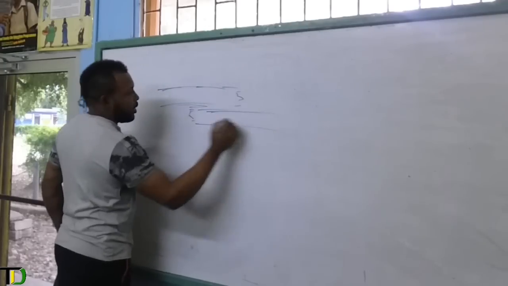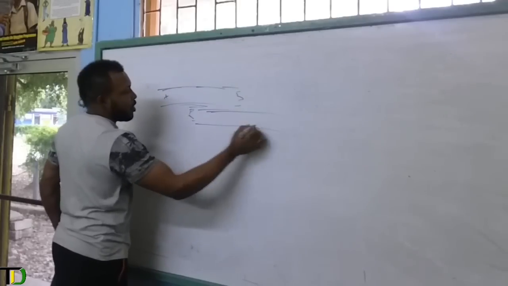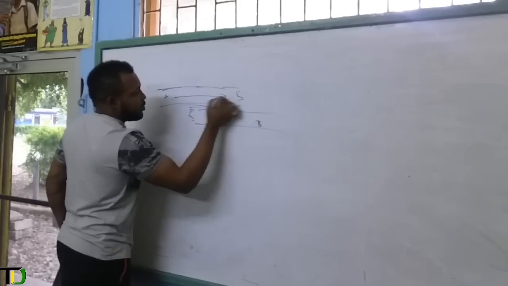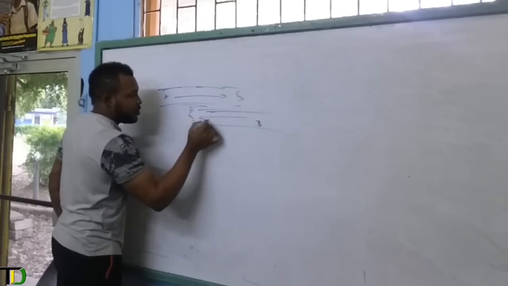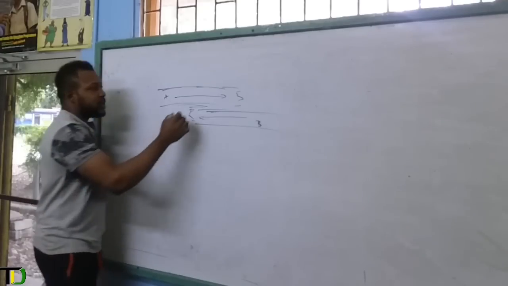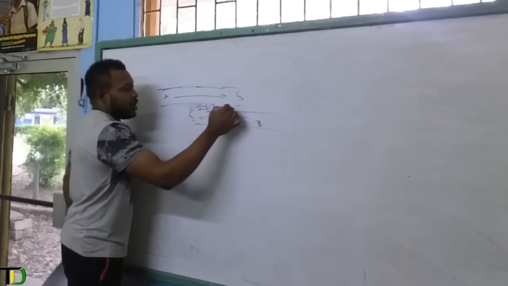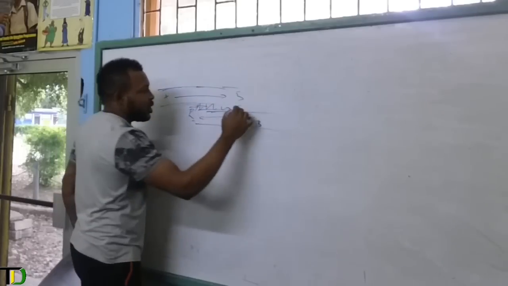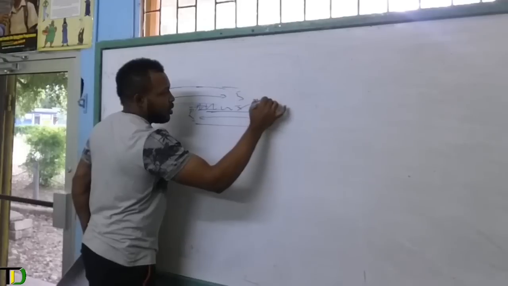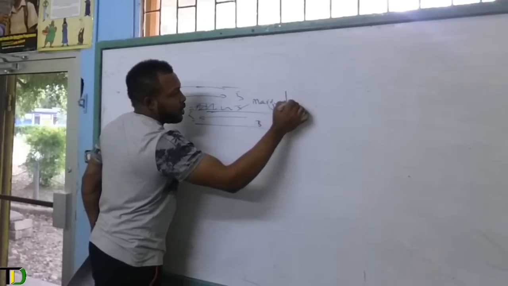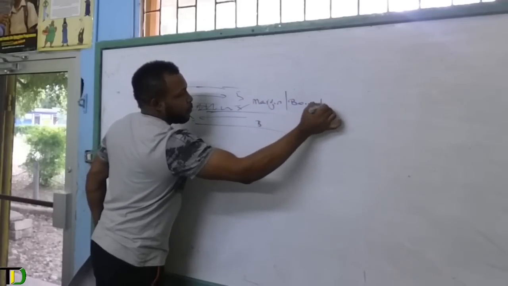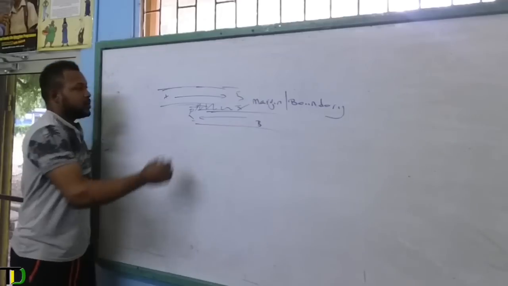So we have plate A here, we have plate B here. Plate A is going in that direction, plate B is going in this direction. But the plates are not smooth, so what they do, they rub against each other. So at the zone of interaction, which is the plate margin or plate boundary, right? So they rub against each other.